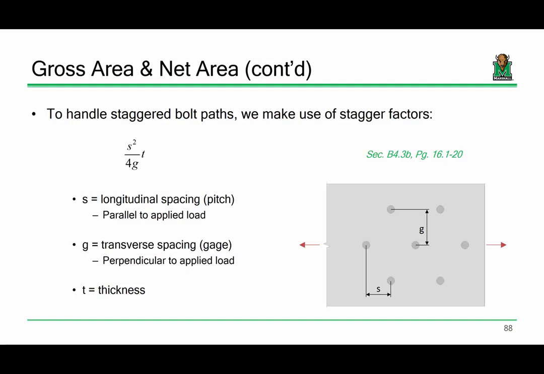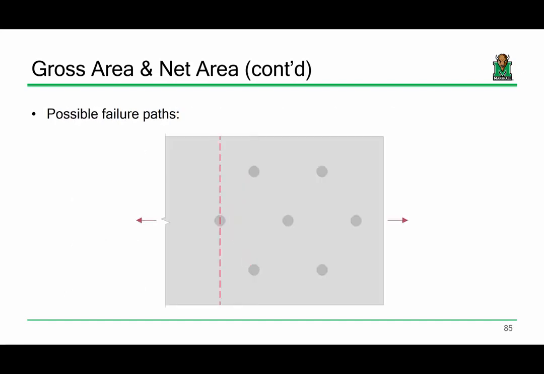So just so everybody is aware in terms of the symbols, there's two distances that you need. There's S and there's G. S is the longitudinal spacing, and that's parallel to the load, and then transverse spacing is perpendicular to the load. And what you do is you add a stagger factor for every diagonal path that you see. So for instance, this possible failure path, you would not add any stagger factors at all.